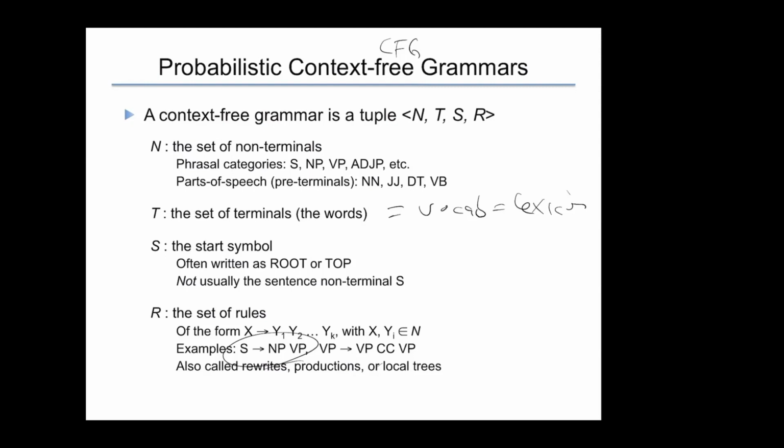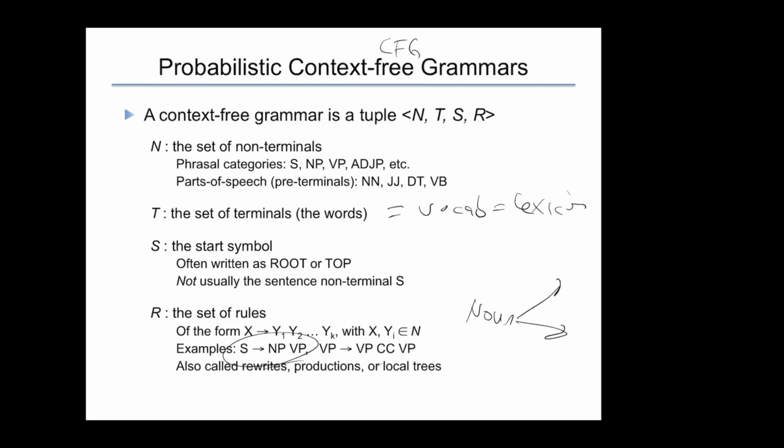So the rules say how each non-terminal can be transitioned into either other non-terminals, e.g. S to NP and VP, or maybe they will be differentiated into terminals. Then in that case, we also need rules. And it makes sense, right? Because in many cases, for instance, if you have a noun, then this noun can be assigned to many possible words in the lexicon, but you know that many words in the lexicon cannot be a noun.